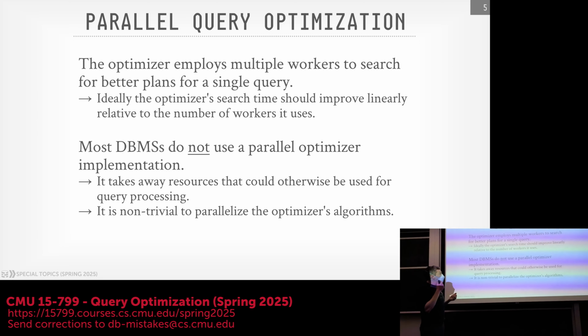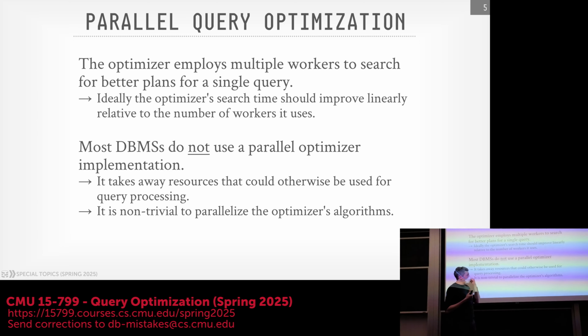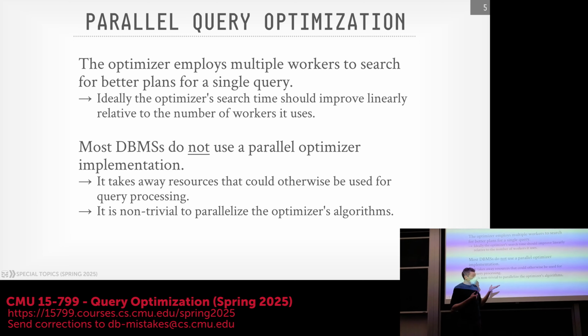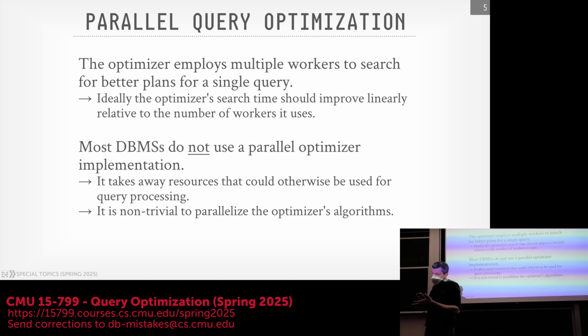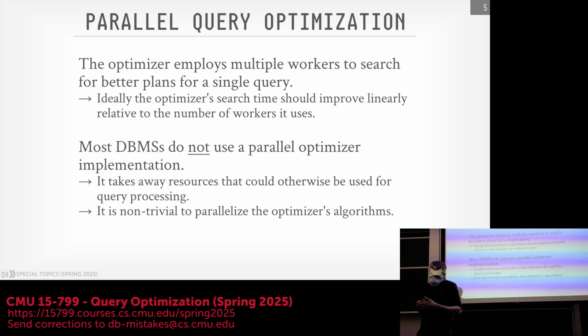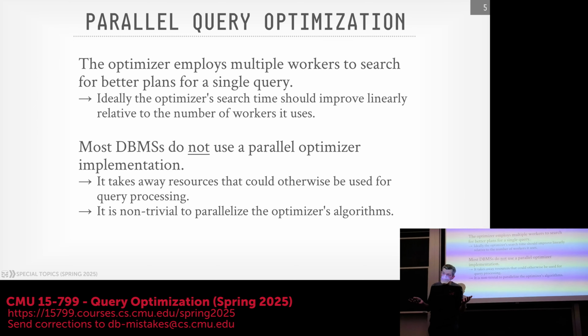And so the challenge now is, if I want to have a parallel query optimizer, I'm taking threads, workers, away from other parts of the system just to do query planning, right? And so again, if I'm running on a single box, I'm not elastic. I can't just magically conjure up more threads. They've got to come from somewhere.